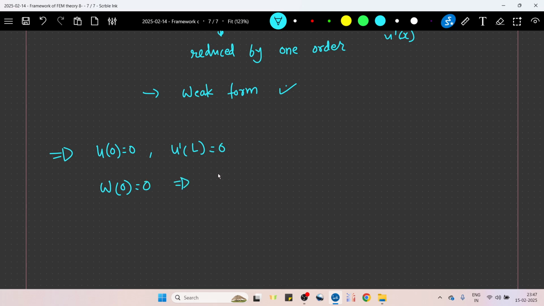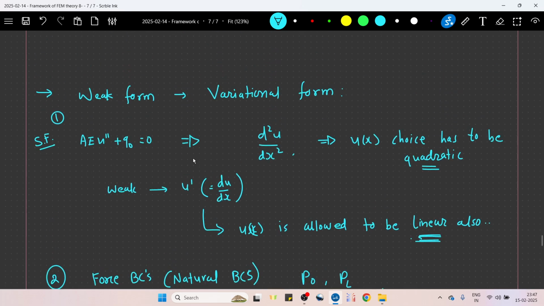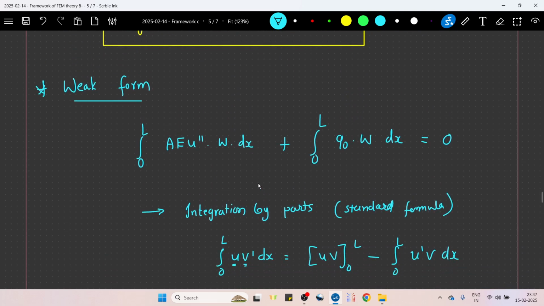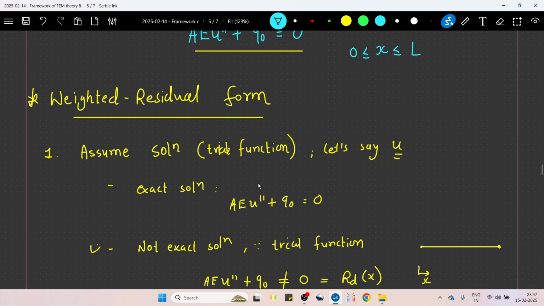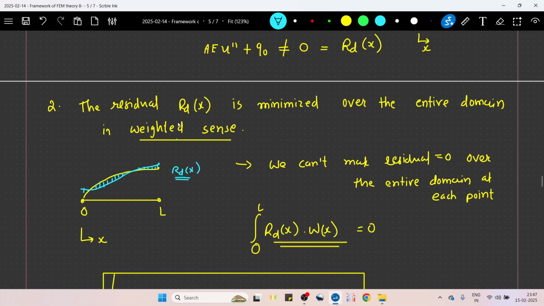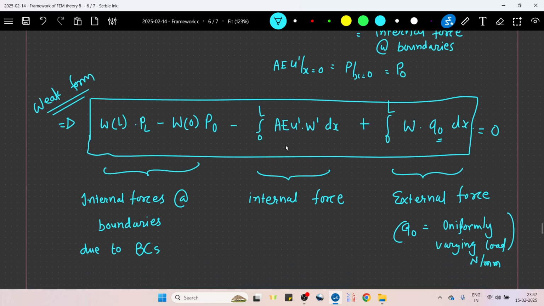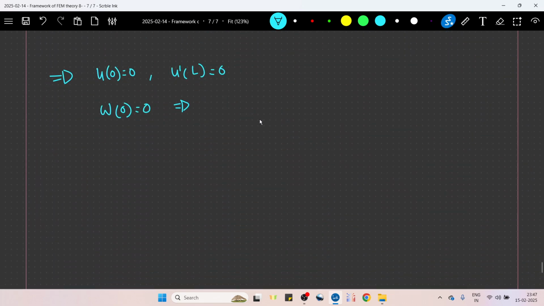What is that? You remember the weighting functions, we multiplied with the weighting function right here. Here we assume the solution and multiply the residual with the weighting function. So let's see what a weighting function is. The weighting function can be an arbitrary function, it can be anything.